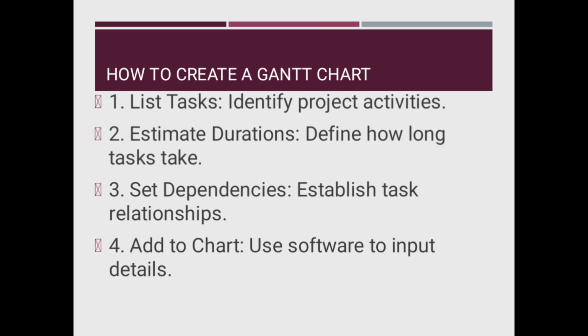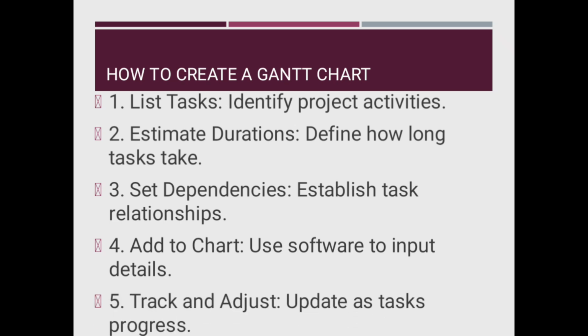Then you add them to the chart, which means you are going to use software, all those software which I mentioned earlier on. Then you track and adjust. In that one you are trying to update as tasks progress, so you'll be updating your chart.